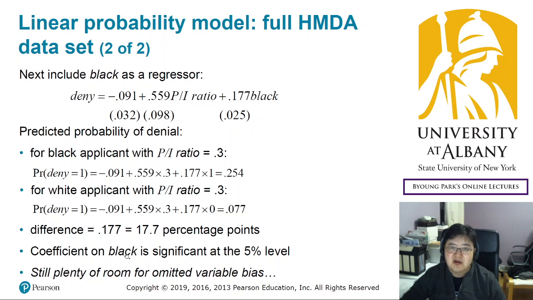So black applicants are discriminated against in these regression results. Still, there are a lot of omitted variable biases, so this is not a conclusion. Just as an example, you can clearly see that this variable has a significant result. And the mechanism the model works by is exactly the same as before. So that is the main point.